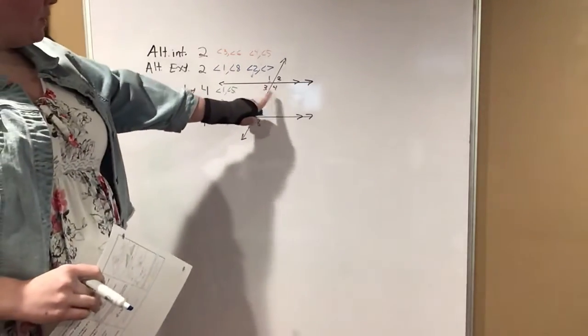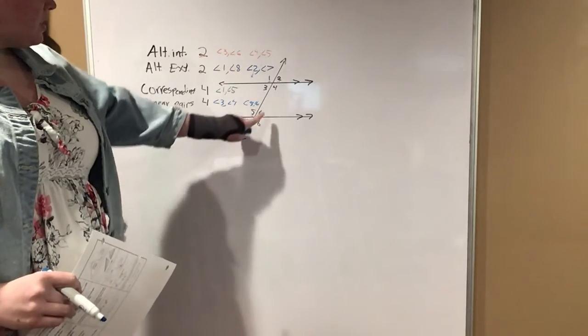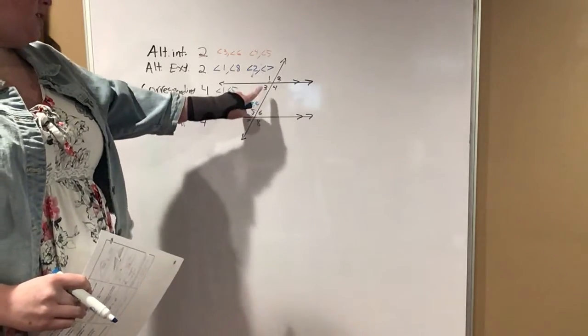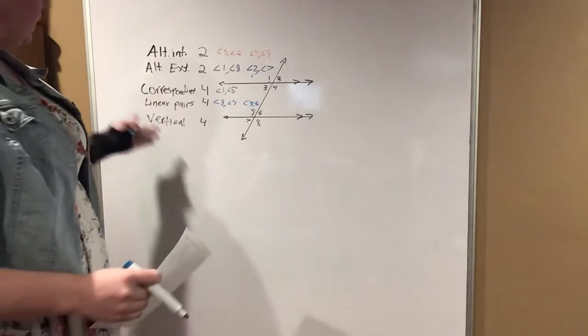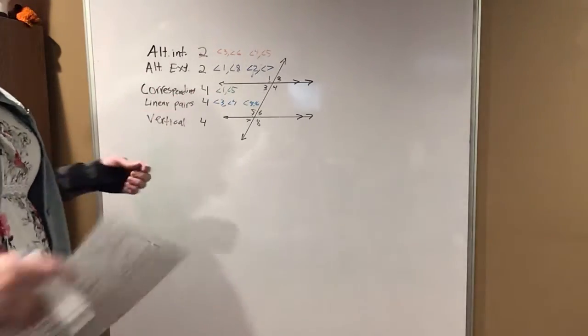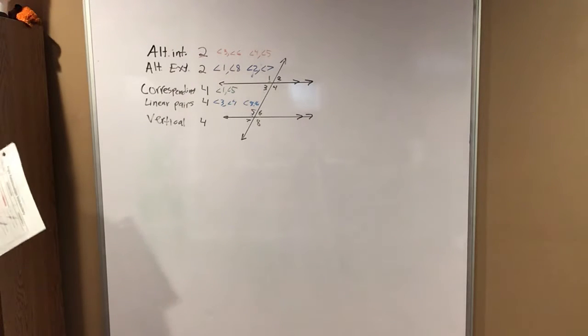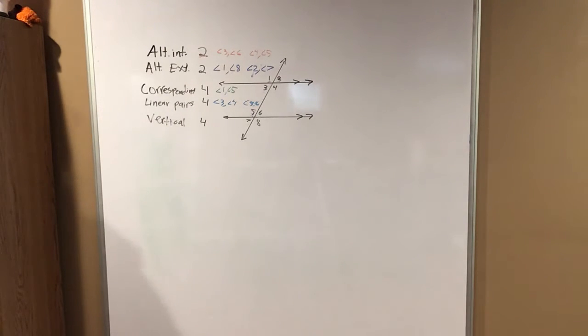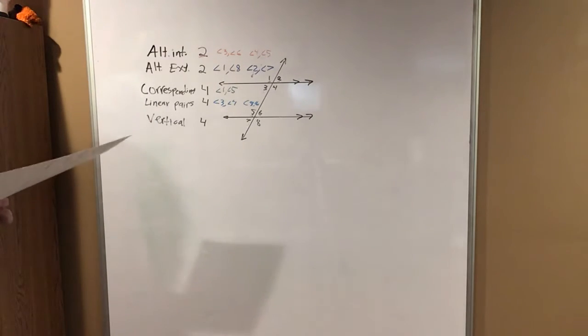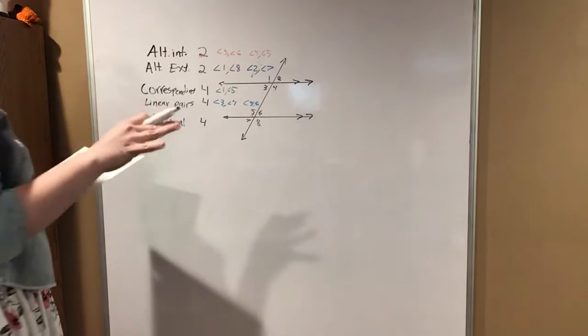So if we have 3 and 4, 8 and 6, then we have 7 and 5. There's actually tons in this one. 1 and 2, something like that. So anything that forms a straight line is a linear pair. I'm just trying to teach you the basics of this because, as much as they want you to know this, it's not on the worksheets as much.